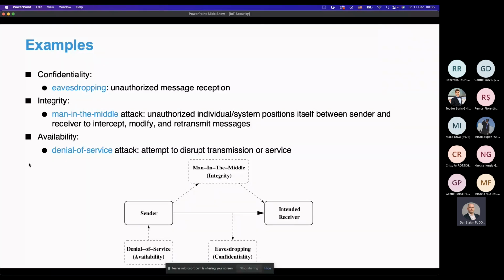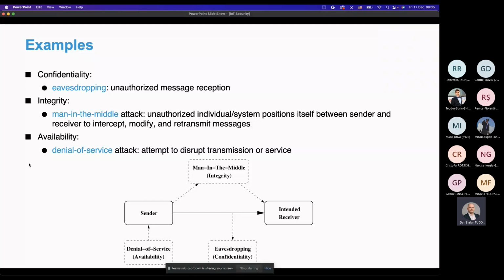You can easily have eavesdropping in networks which are communicating over a shared medium such as Wi-Fi, because you can have some third party that can sniff messages that are being sent in the network. That's an issue of confidentiality. So confidentiality is broken whenever you have somebody eavesdropping in this scheme.